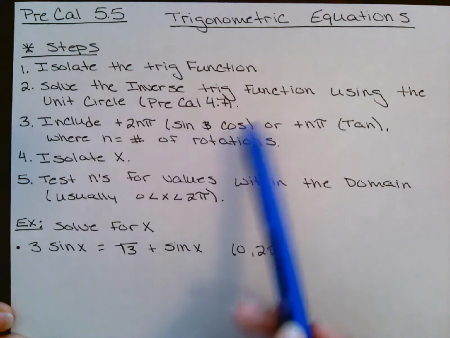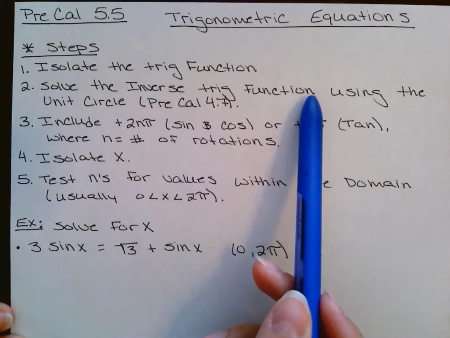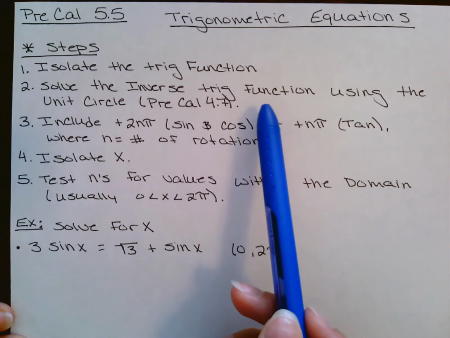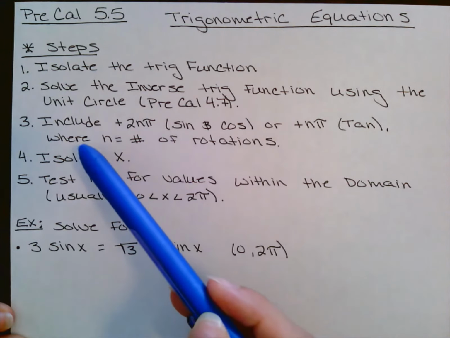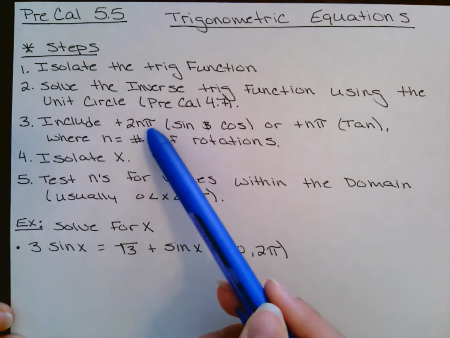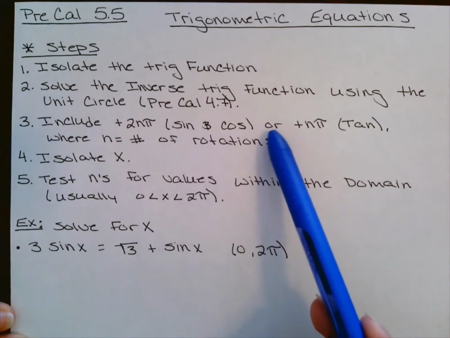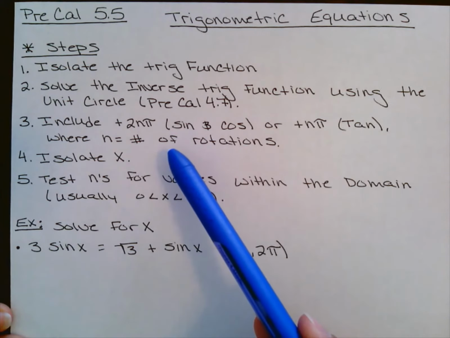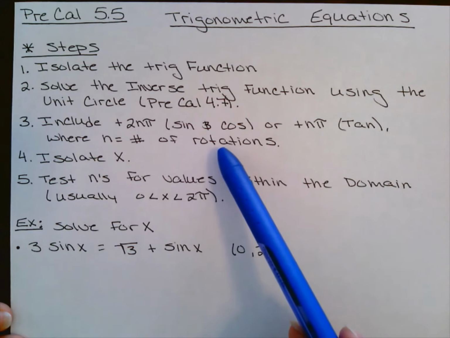Okay? Once I've done that, that's going to be used to isolate the inside, like if it's sine of 3x or sine of x, we're going to isolate that 3x or x. Once we've done the inverse trig function, we need to include a plus 2n pi for sines and cosines, or a plus n pi for tangents, where n is going to represent a number of rotations in our unit circle.